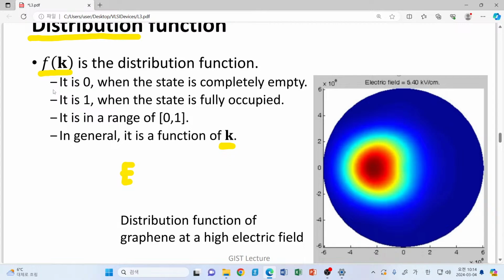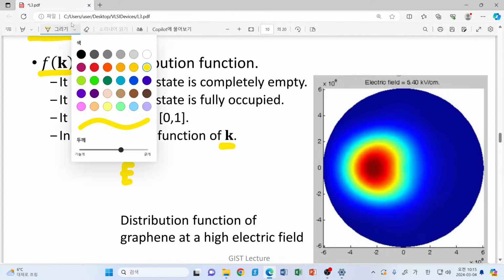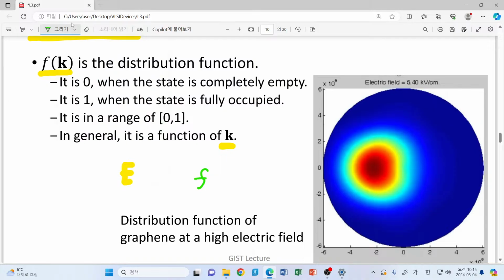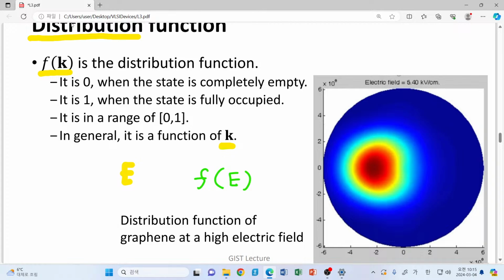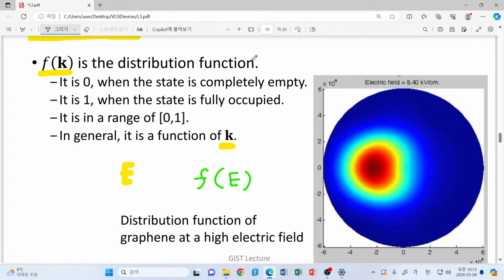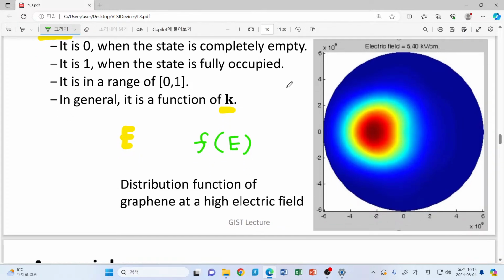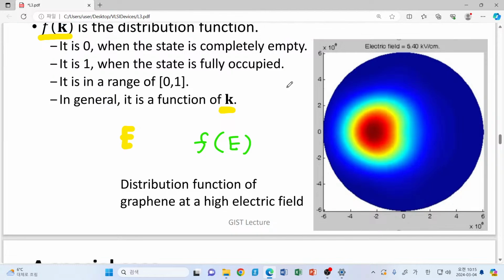However, in the general case, we cannot say f is a function of E. It is not possible. I want to show you a counterexample. Here you have a very beautiful graph.